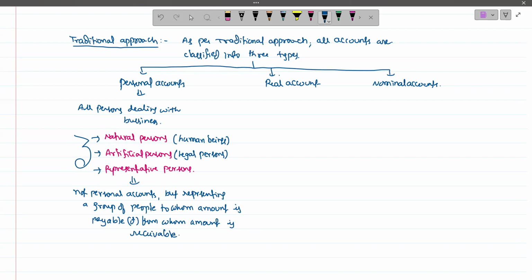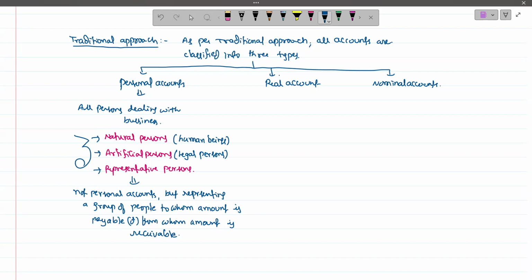For example, salaries. Generally, we have a policy of paying the salary on the 10th of the next month. For example, for January we pay on or before the 10th of February, for February on or before the 10th of March, and for March on or before the 10th of April. But we close the books of accounts on 31st March every year. On 31st March, we are liable to pay the salary, but we haven't paid because as per the policy we pay on or before the 10th of the next month.